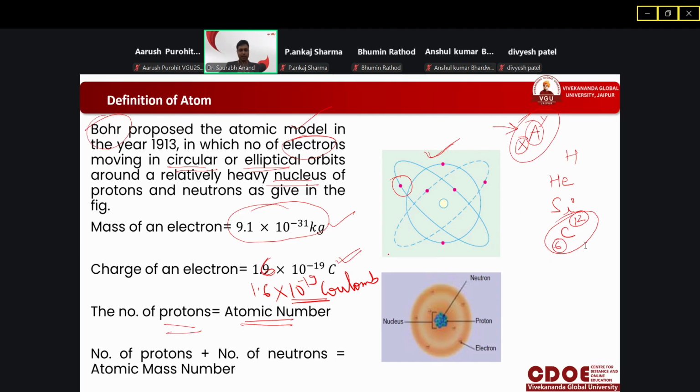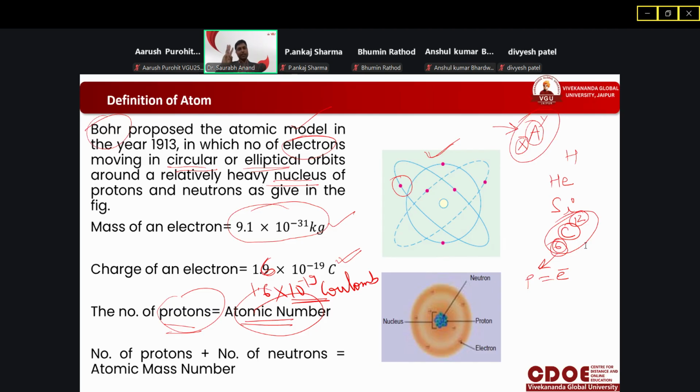So what he saw was that the number of protons is equal to the atomic number. If we talk about carbon, there is atomic number 6. So 6 protons will be there in a carbon atom. Clear? And it will be equal to electrons also. So 6 electrons will be there. The number of electrons is equal to the number of protons is equal to the atomic number of the material.